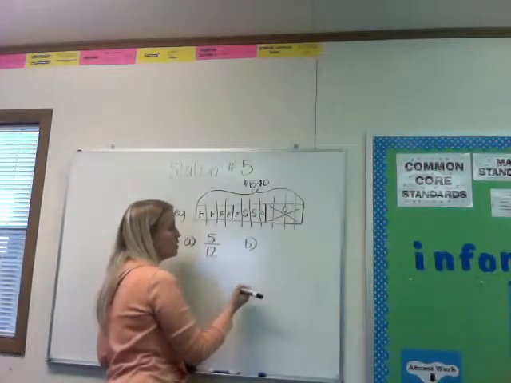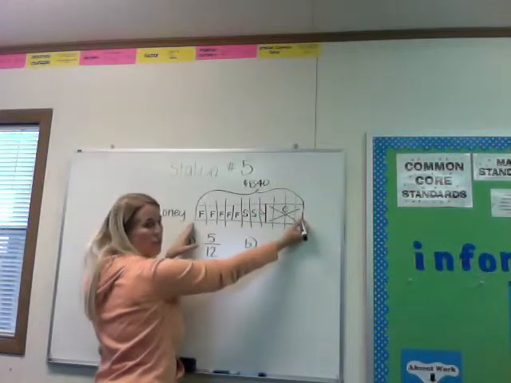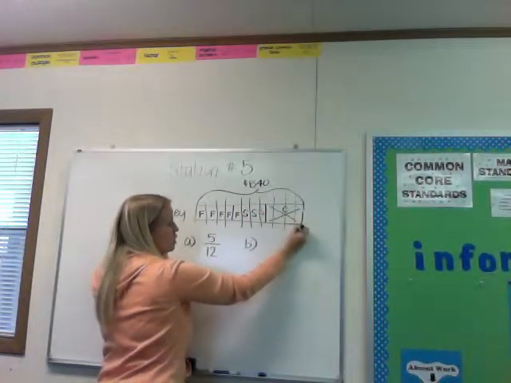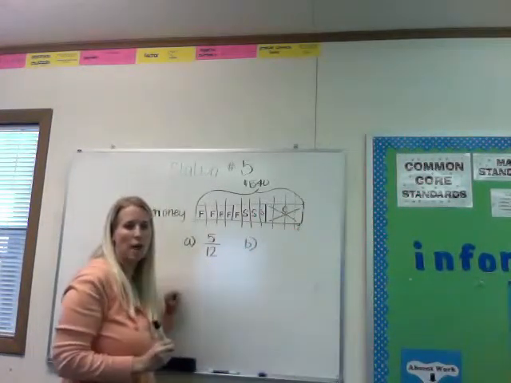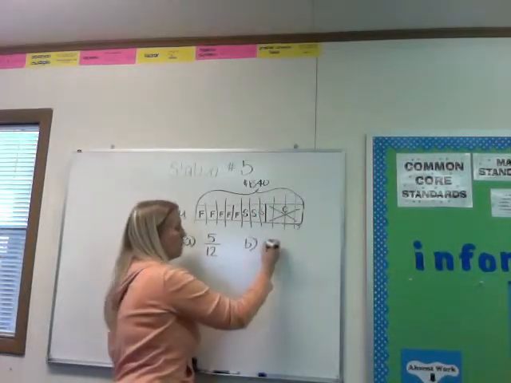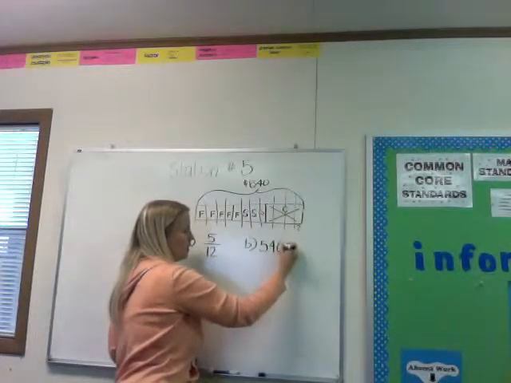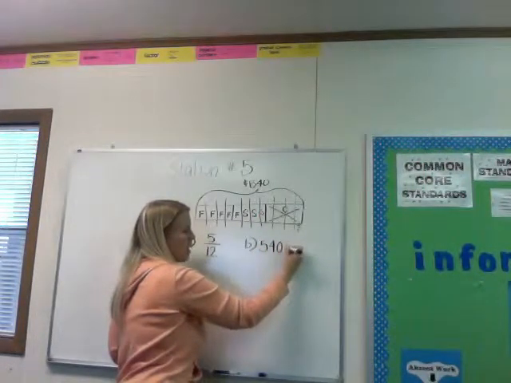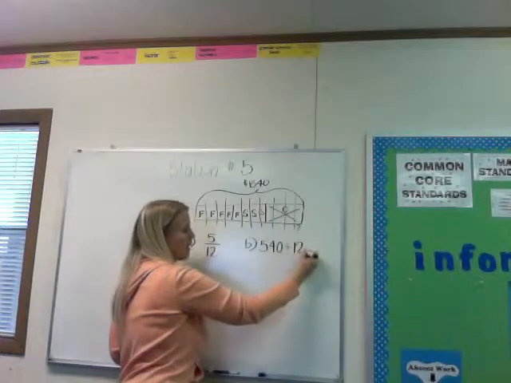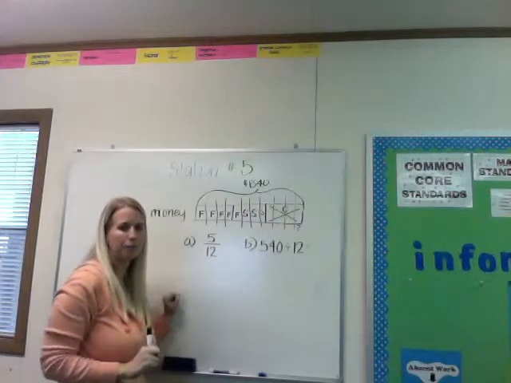So I know she has a total of $540. I want to know how much each of these little small blocks is worth. So in order to do that, I have 540, and I'm going to divide it by 12 because there's 12 little pieces here.